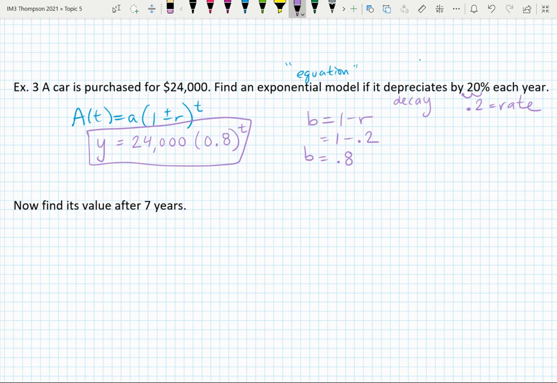And then the last step is now find its value after 7 years. So I'm just going to plug in 7 for my time.